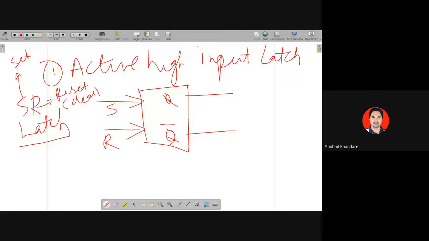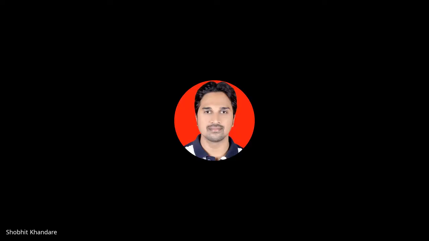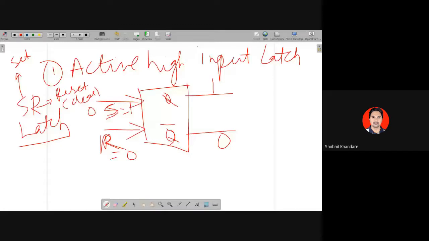Now, what do you mean by active high input latch? When you have set and reset, what does it mean? When your S is equal to 1 and your R is equal to 0, in that case, your Q will be equal to 1 and Q bar will be 0. And suppose if your S is equal to 0 and R is equal to 1, in that case, your Q will be 0 and your Q bar will be 1.